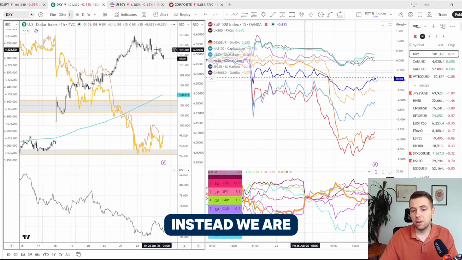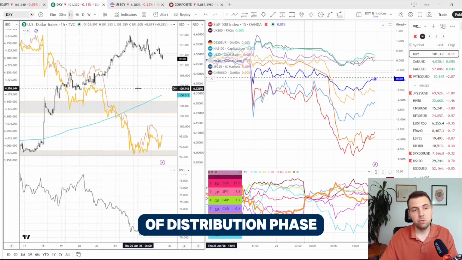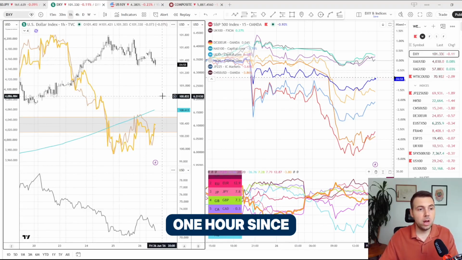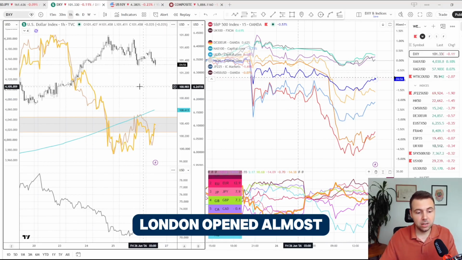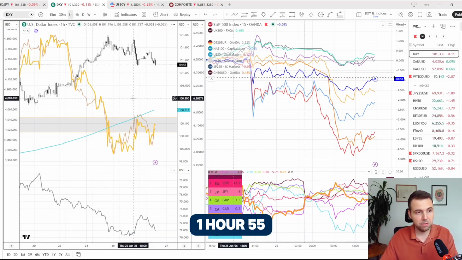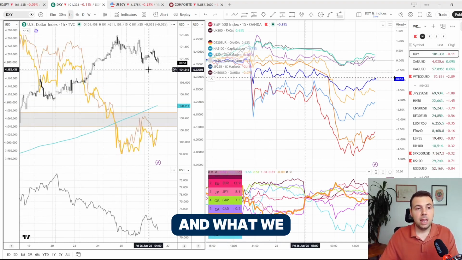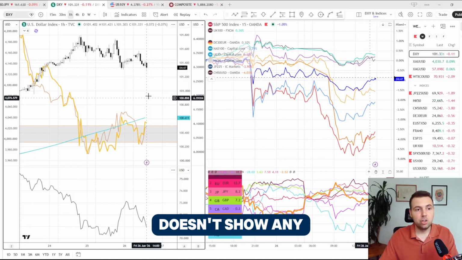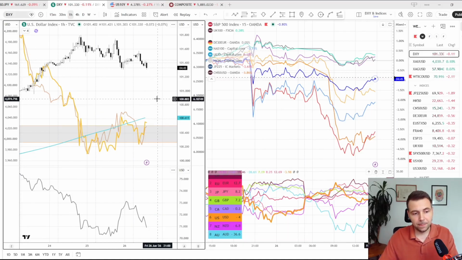Instead, we are in a sort of distribution phase. And it's been almost 1 hour, 55 minutes since London opened, and what we see is the dollar doesn't show any signs of recovery.